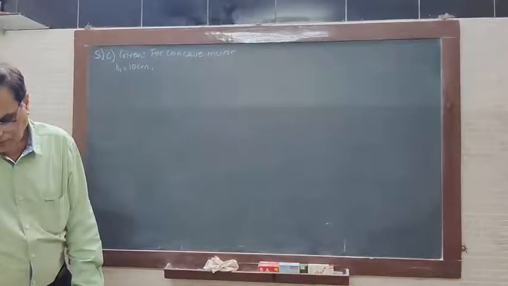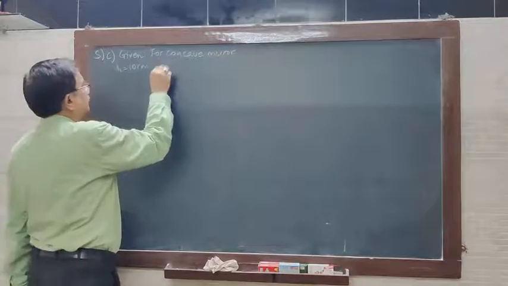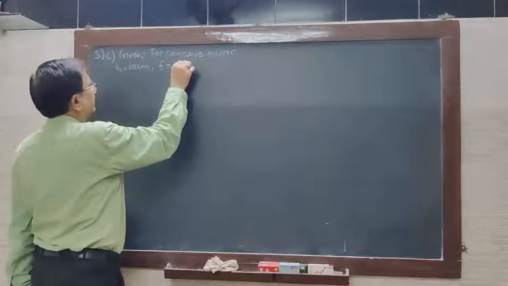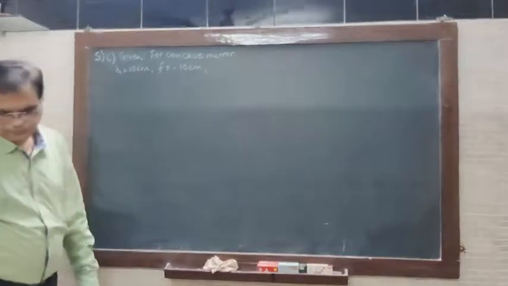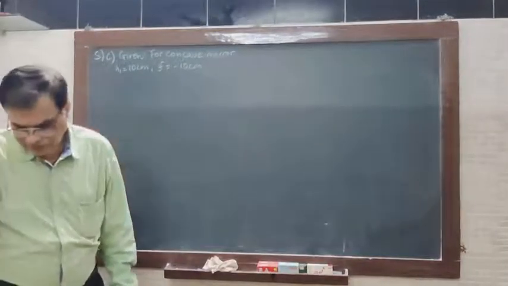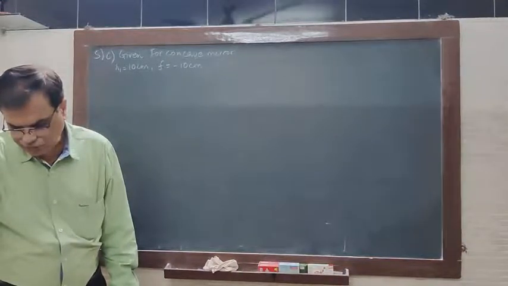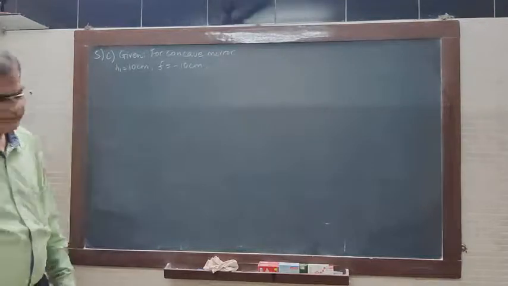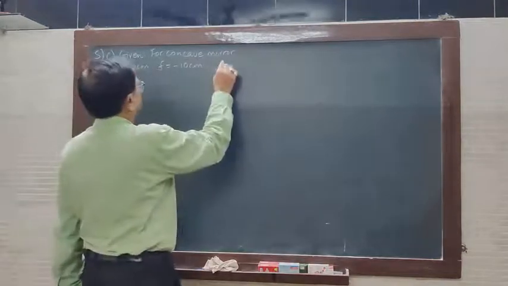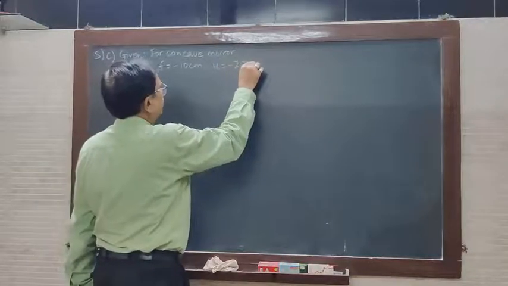Is kept in front of a concave mirror having focal length 10 centimeters. So concave mirror, so focal length is minus 10 centimeters. In such a way that the end of the stick closest to the pole is at a distance of 20 centimeters. So U is equal to 20 centimeters.